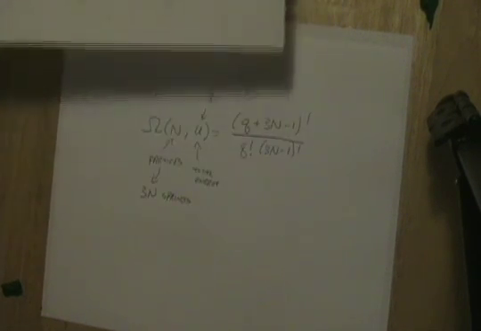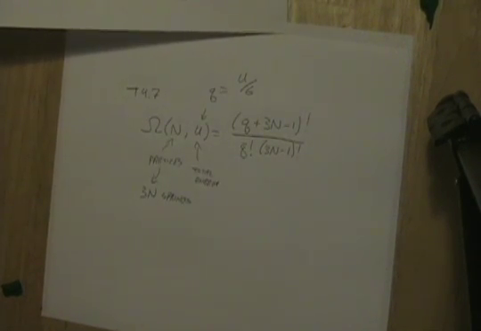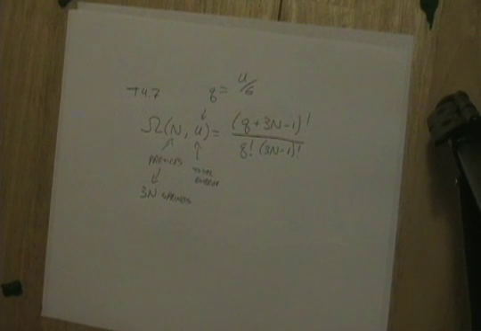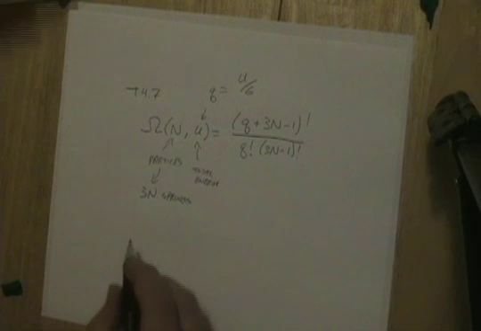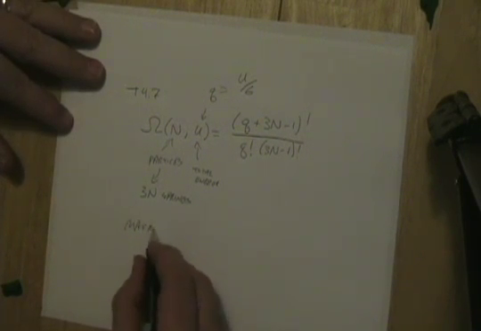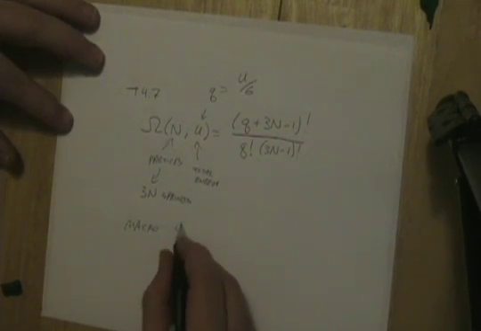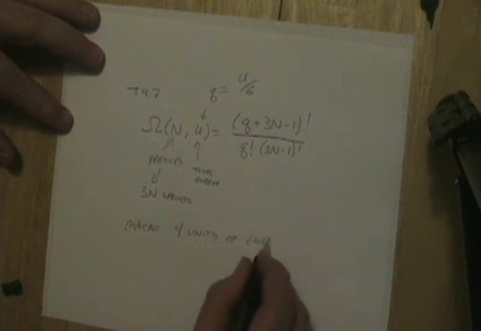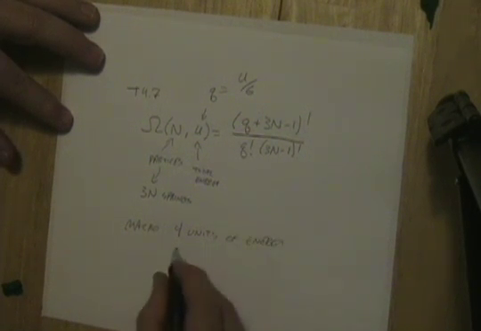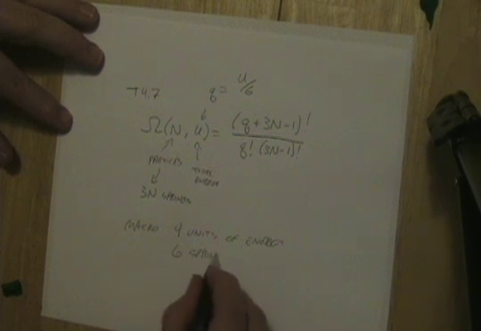All right? So, let's see. Let's find out how many microstates you would have if the macrostate was that you had 4 units of energy spread over 6 springs. How would you do that?